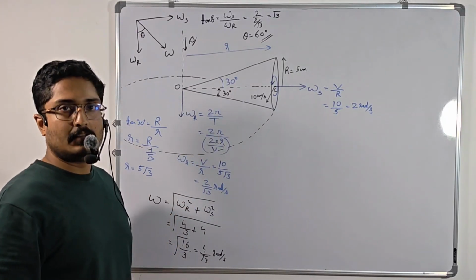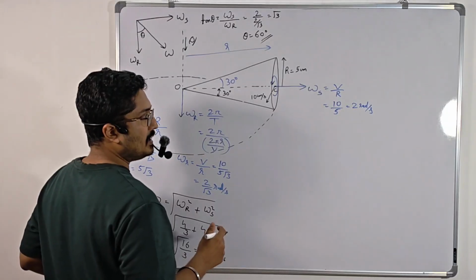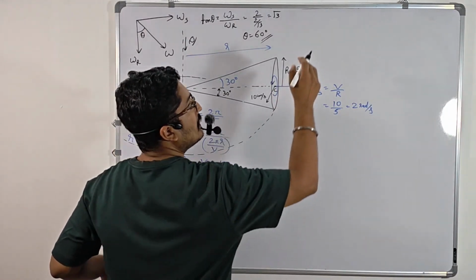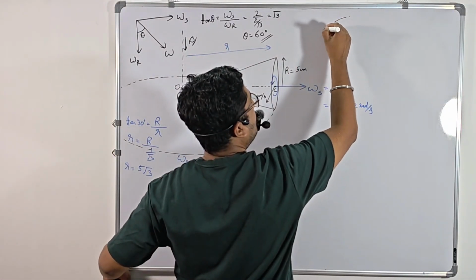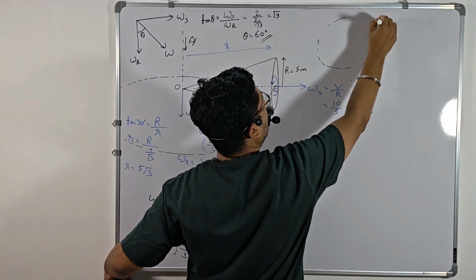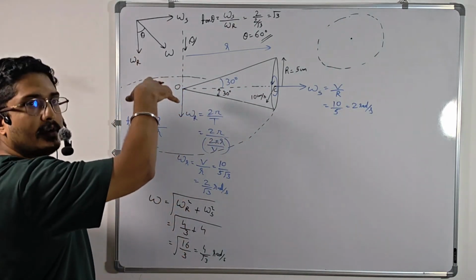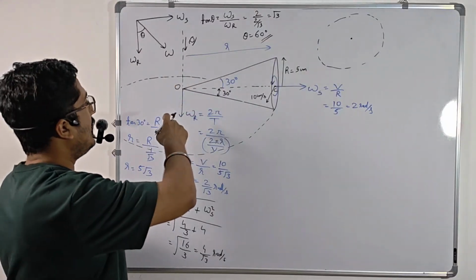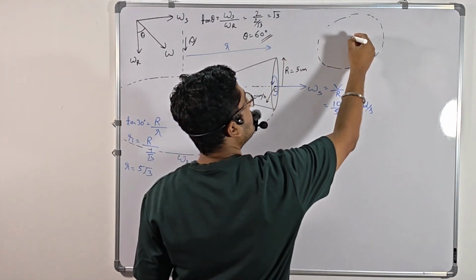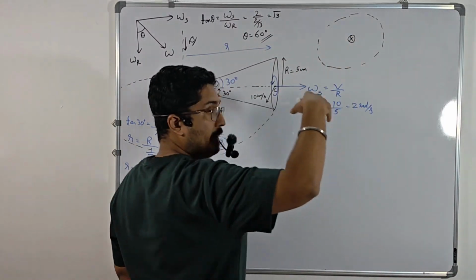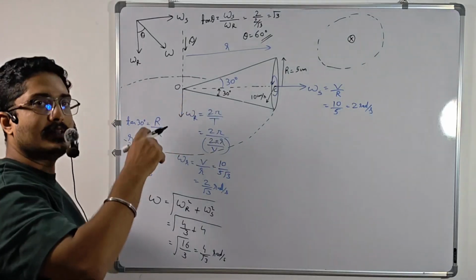But what about omega s? The omega s is continuously changing. So please look here. I'll draw it. From the top, this is the center of that rotational system, and I find that omega r is a vector going in. When I'm looking from the top, a cross actually means going in.